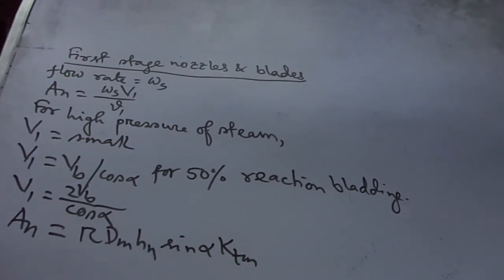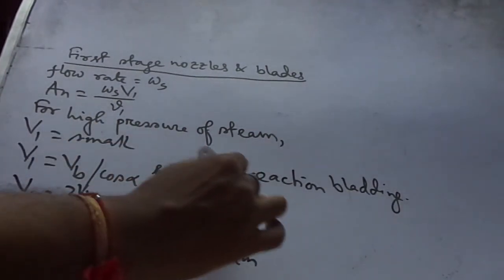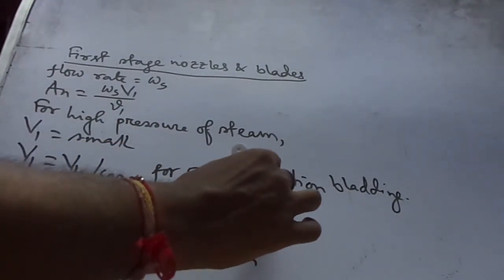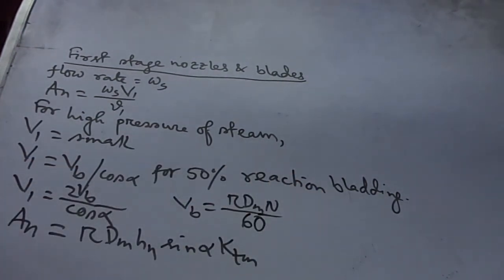Dm is estimated from the given value Vb, which is equal to pi dm n divided by 60.